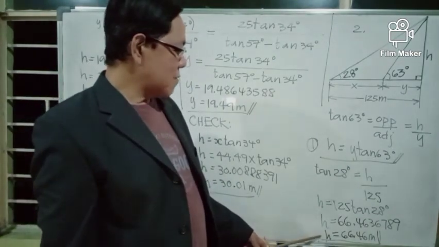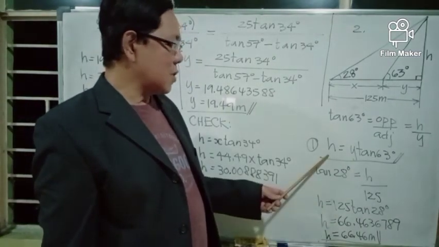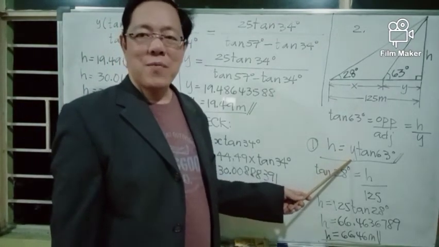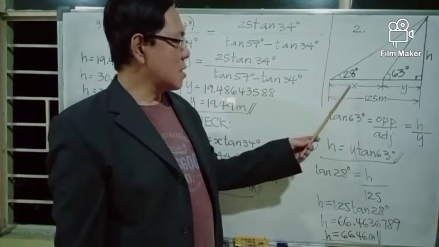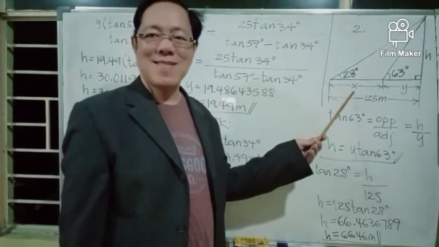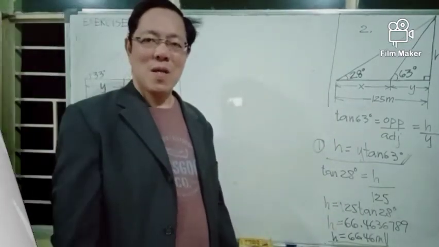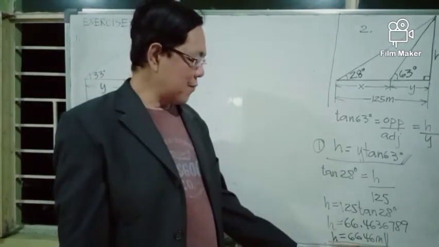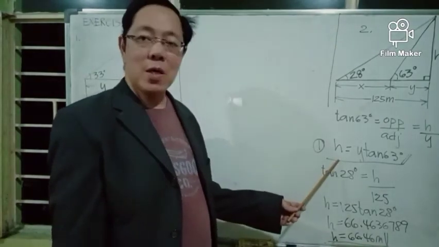Now, we substitute this value of h into equation 1 to solve for y. And after we solve for y, we can solve for x. We now substitute the value of h, 66.46, into equation 1.